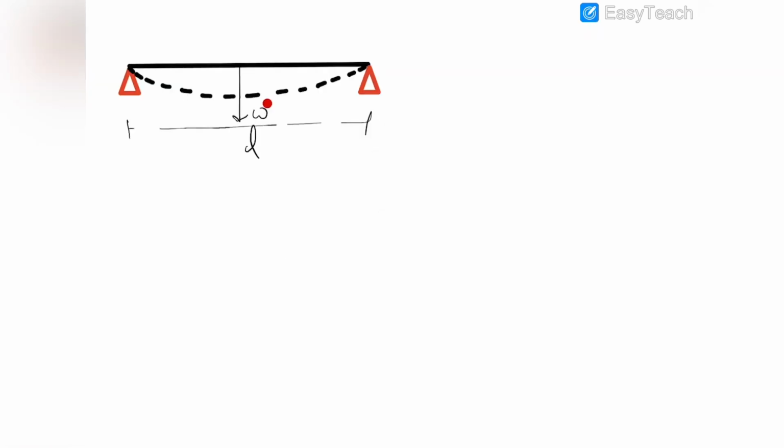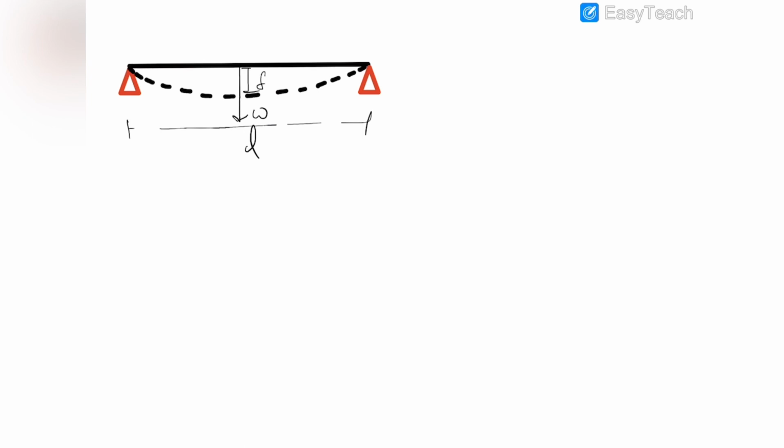So in this case, W will be the weight which will be depressing this beam in the downward direction. To find this depression, let us suppose it is del.